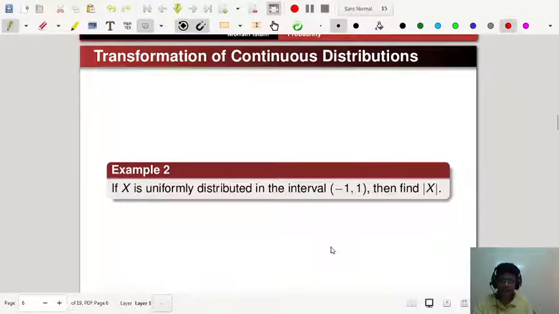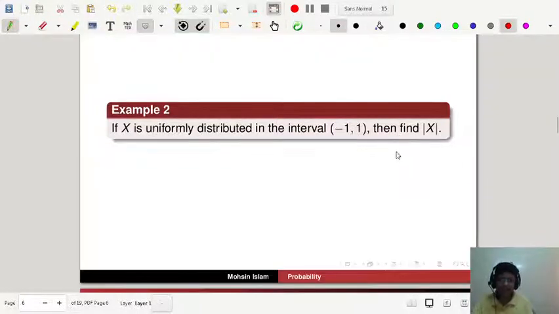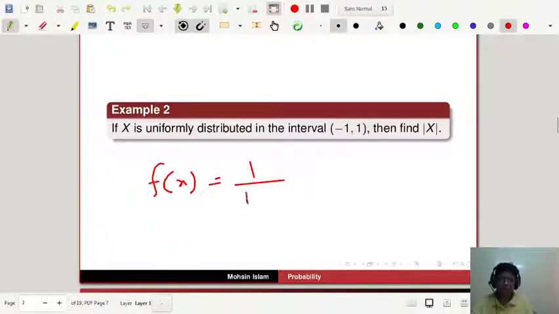Example 2. If X is uniformly distributed in the interval -1 to 1, then find the distribution of mod X. So here X is uniformly distributed. Its probability density function for a uniform distribution is 1 by (b minus a) for a less than x less than b, and 0 elsewhere.